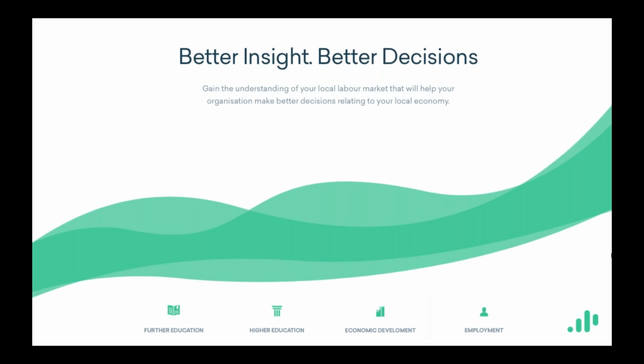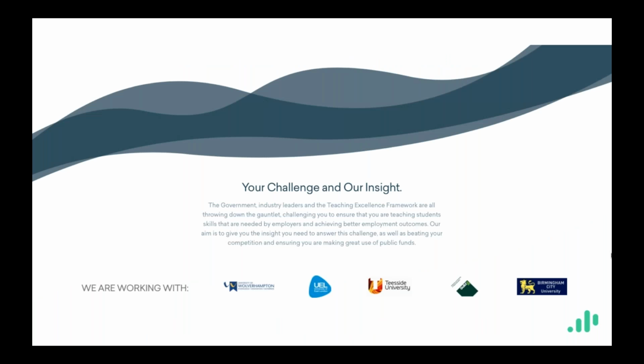And so we've created a way in which all of this data interlinks, talks to each other, so you can take meaning from it and use robust evidence for decisions you're taking, or indeed for what you're sharing with your students, which is really the focus here. We don't only work in higher education, we work across further education, economic development, we work with LEPs, we work with big talent companies as well, so the big global recruiters. So we're bringing all of that together.